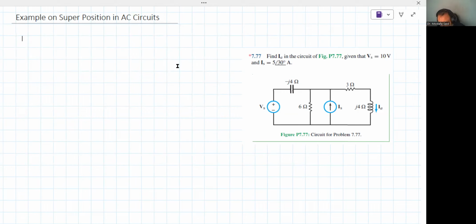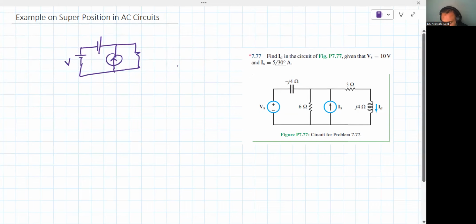Like for example, if we have a circuit like that, it has V1, it has V2, two batteries, it has a current source I, and it has a resistor. So the voltage across the resistor and the current across that resistor, let's call it V and I.